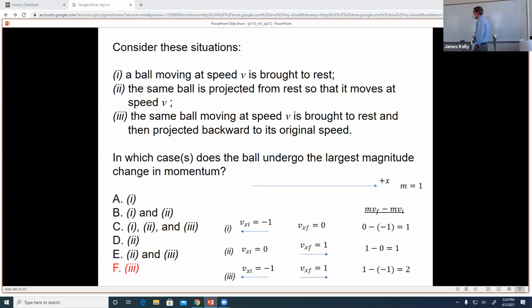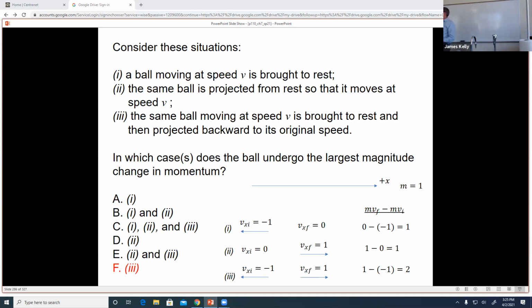It's tempting to say, well, look, it was moving just as fast when it was moving to the left and when it was moving to the right, so there was no change at all. Well, yes, the direction matters when something is a vector. Momentum is sort of its state of motion.